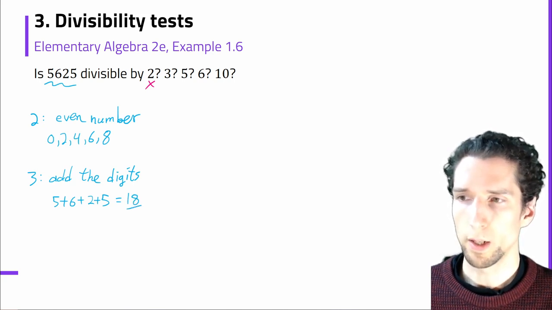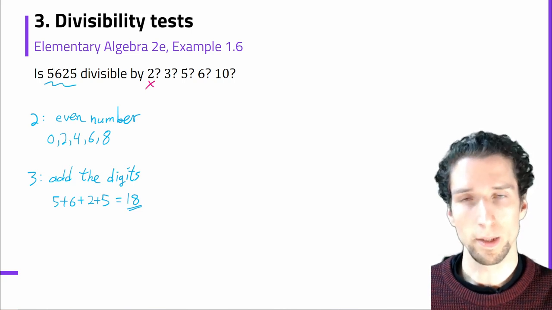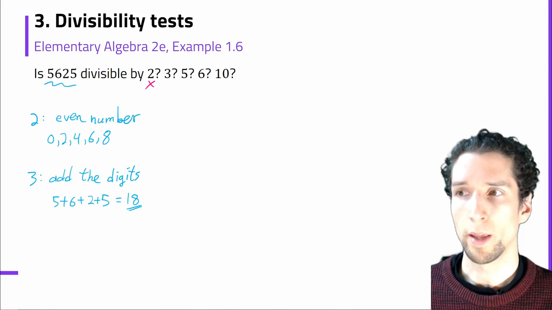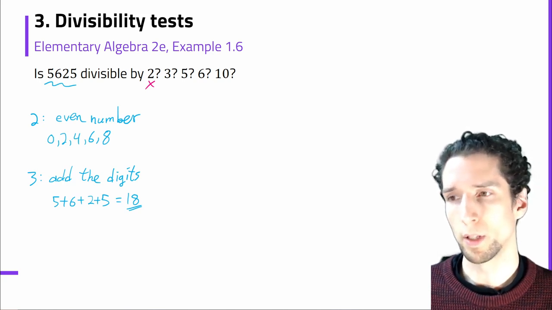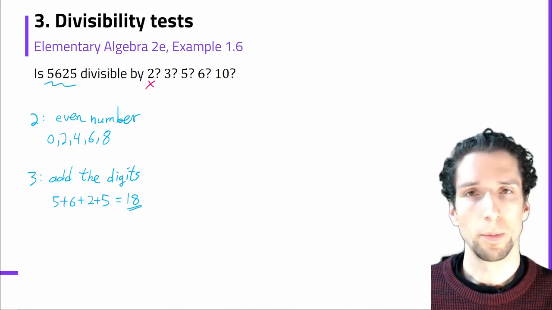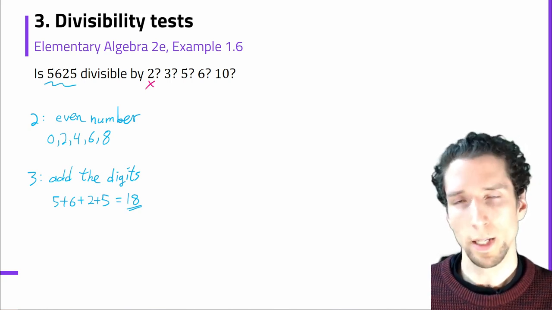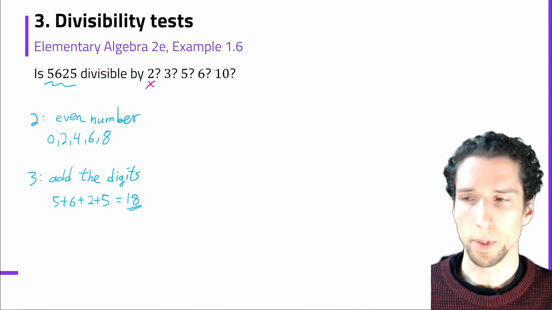Then we ask, is this number divisible by 3? If yes, then the original number is, and if not, then the original number is not divisible. 18 is not very hard, it's just 3 times 6.